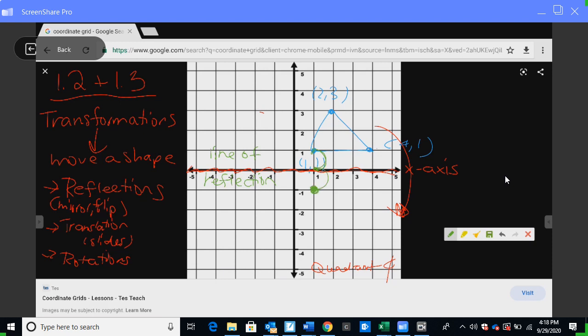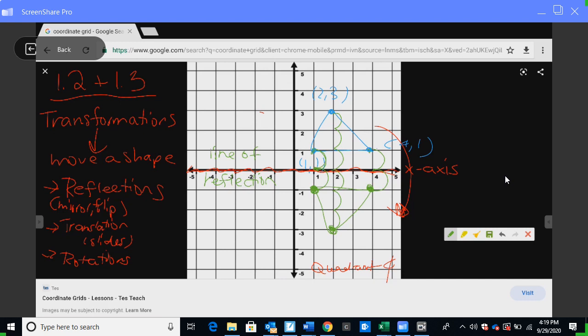That would be my new point there. Same goes for this one, which is 1 away from the line of reflection, so it's got to be 1 away on the other side. This one is 1, 2, 3 from the line of reflection, so it's got to be 1, 2, 3 on the other side. Then we connect the dots and we end up with the exact same shape, but it has been reflected, or it's a mirror of itself. So that's the x-axis.